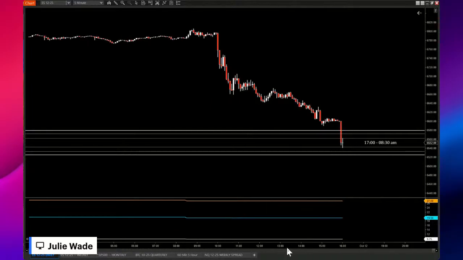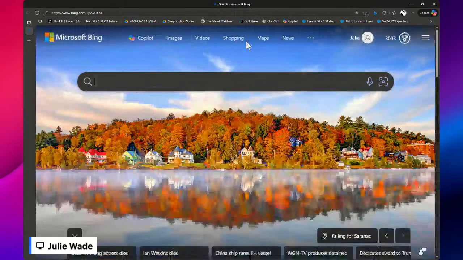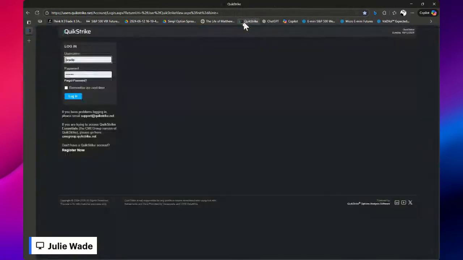Let's take a look at our option levels at Quick Strike and see what we can find around these levels.